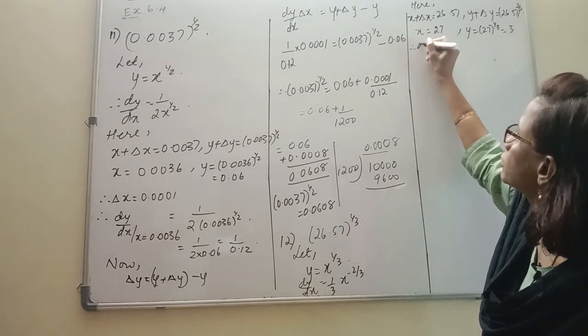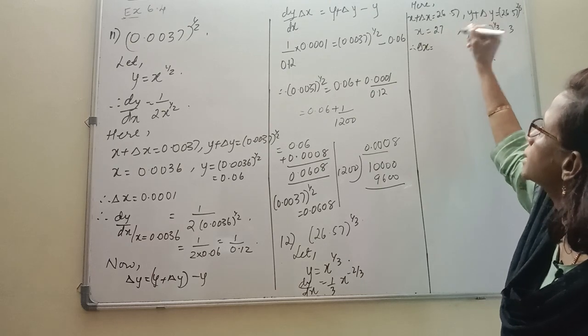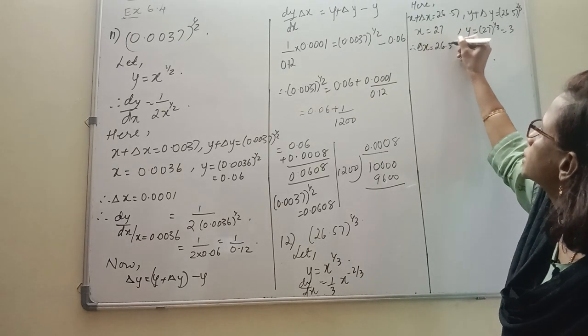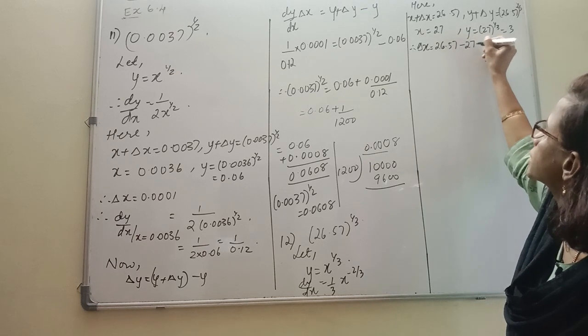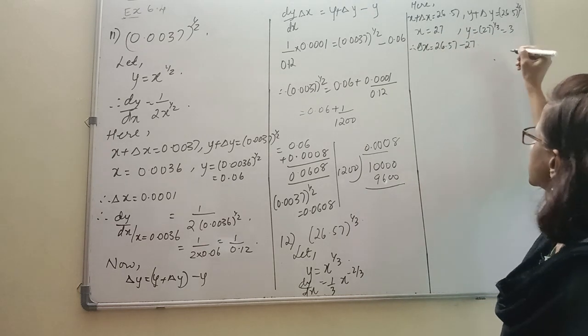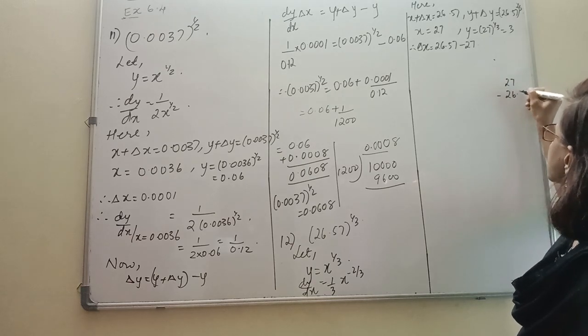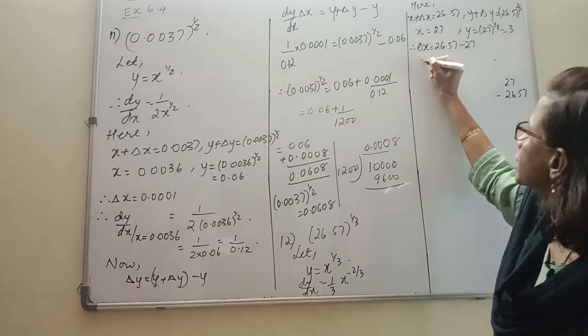Having got this, automatically you can find out delta x. X plus delta x minus x. So this is little complicated. 26.57 minus 27. We'll do it little judiciously. See, 27 minus 26.57. The answer is going to be a negative answer.